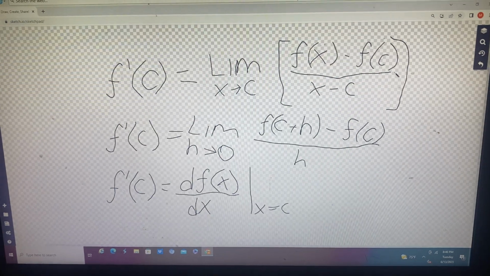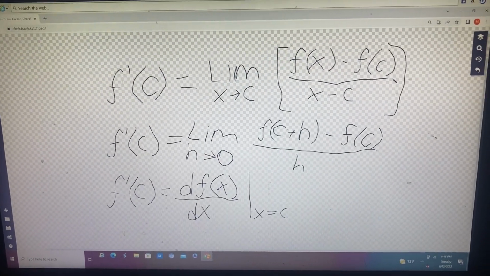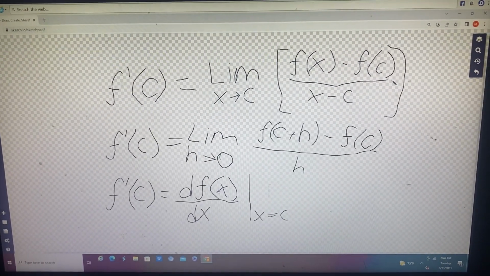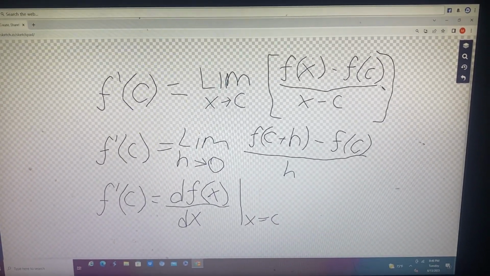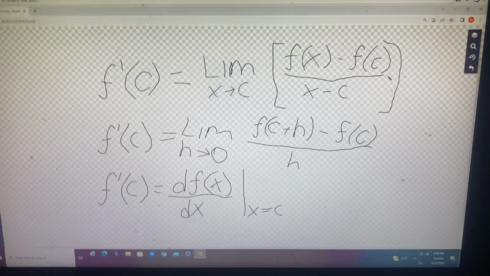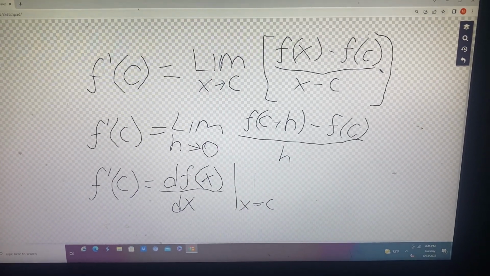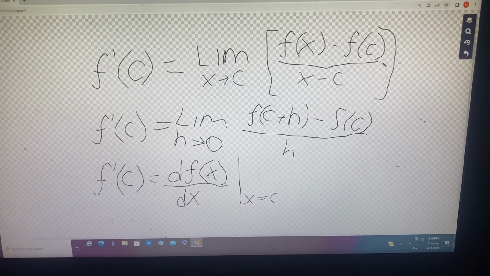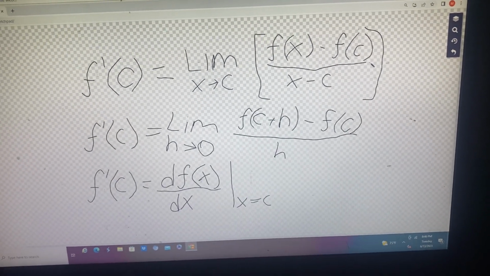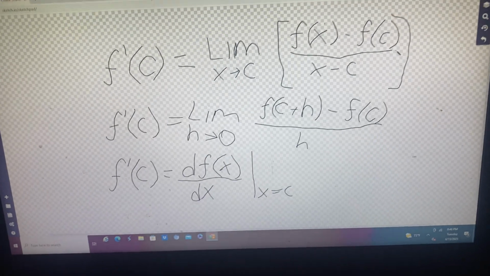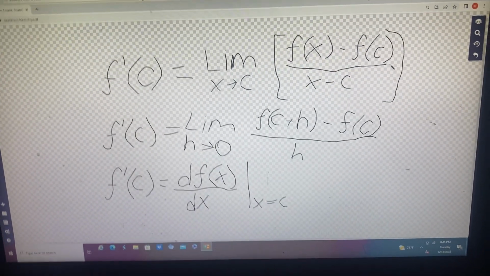So as long as f of x satisfies a few conditions, like being continuous, when you take the derivative of it, and then you plug in c for x in f prime of x, then you get f prime of c all the same.